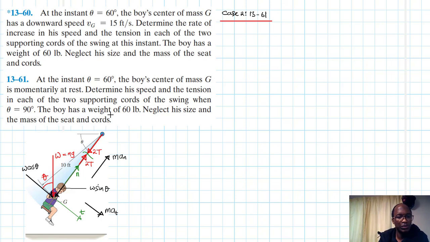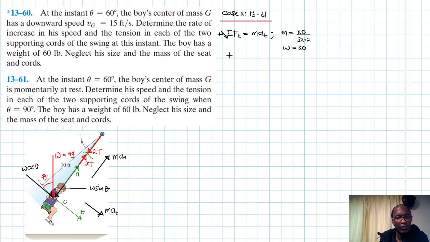So let's start with the summation of forces along the t-axis. This is equal to m a_t, going down being our positive reference. Our m is just equal to 60 divided by 32.2, and our W is equal to 60.